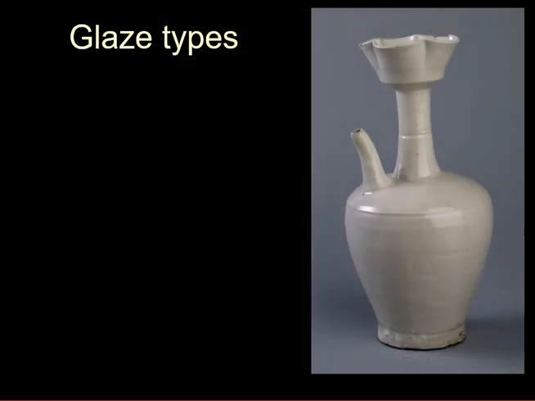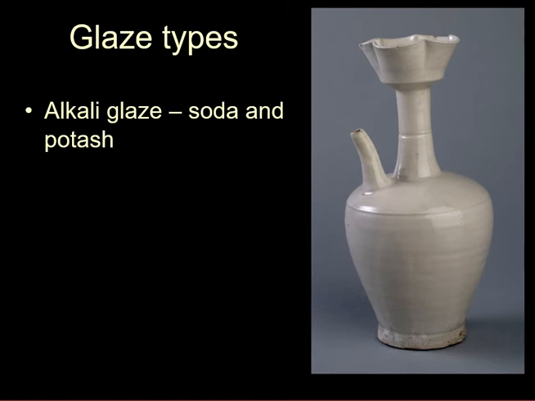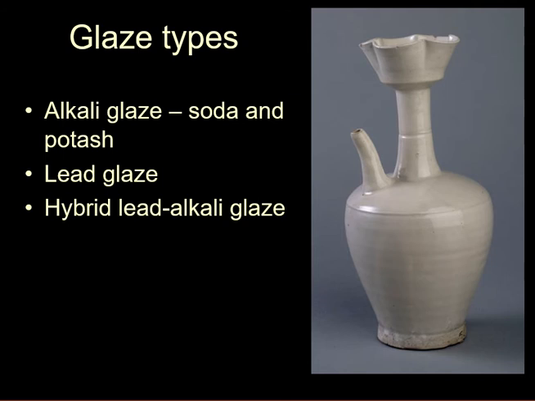This introduces a new glaze type to this lecture series. If you remember, there's a thing called an alkali glaze, which is fluxed with soda and potash. There is a lead glaze, which is fluxed with lead. There's a hybrid lead alkali glaze, which is fluxed with both lead and alkalis.